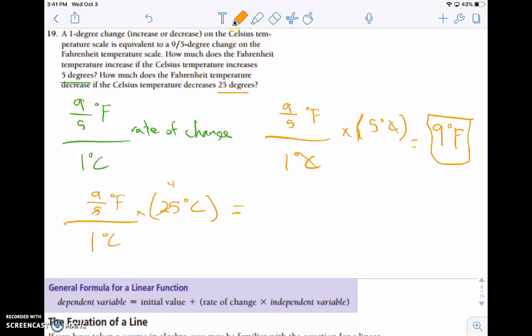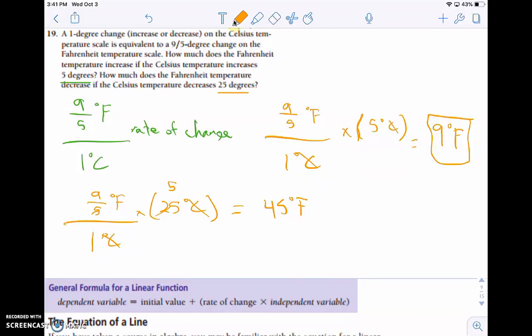Degrees Celsius is going to cancel. The answer is 45, and that will reduce to 5. So the 9/5 times 25 is the same as 9 times 5, which is 45 degrees Fahrenheit.